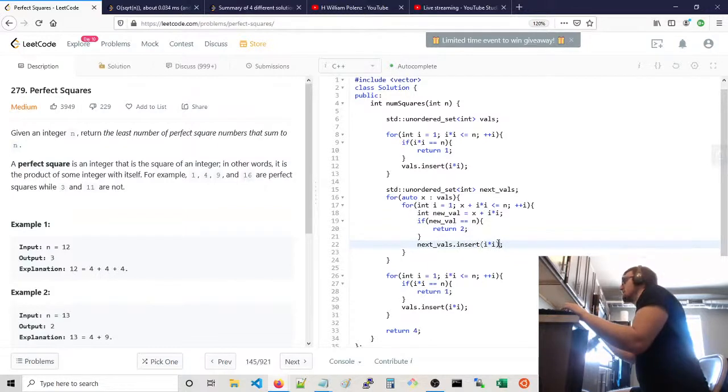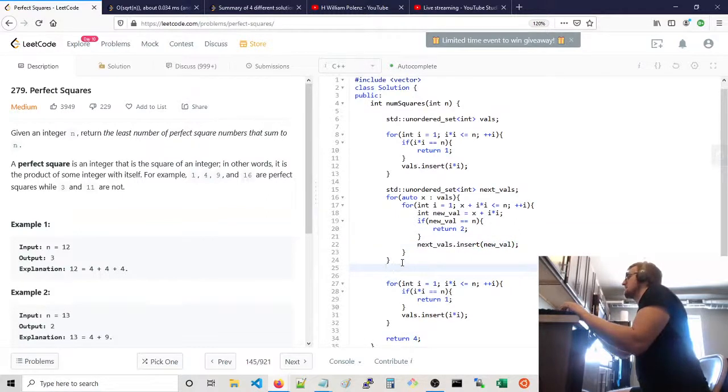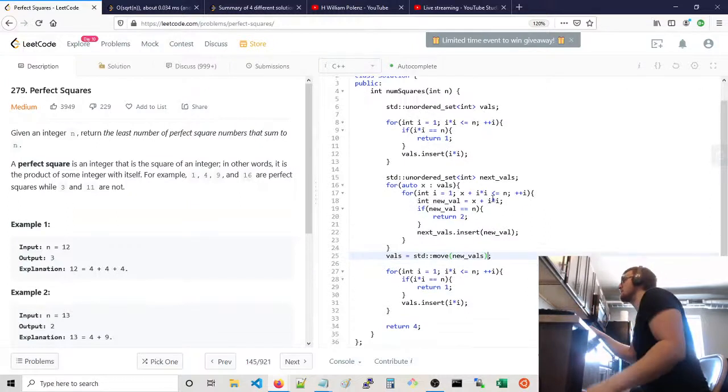So we'll do next vals, insert new val, and now we're going to say vals is going to be equal to new vals, right? So we're going to use move semantics just because we can.